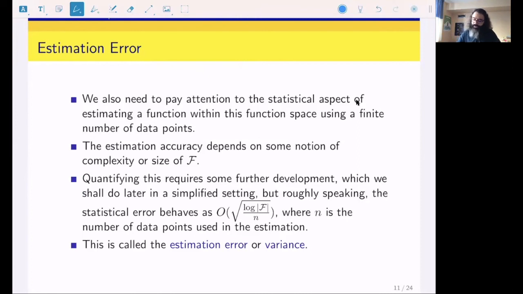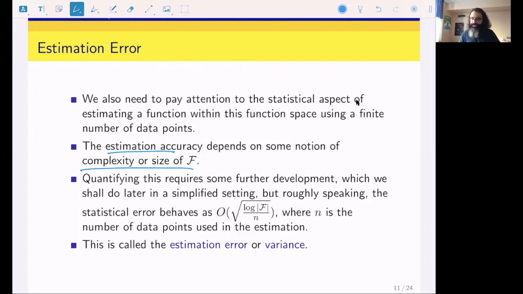In general, I'm going to talk about it probably in next lecture. Yeah, definitely not today. But estimation error depends on some notion of complexity of the size of function space f. And quantifying this relationship requires some kind of further developments.